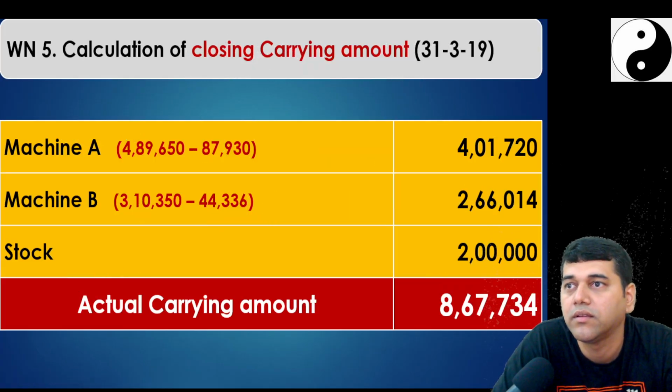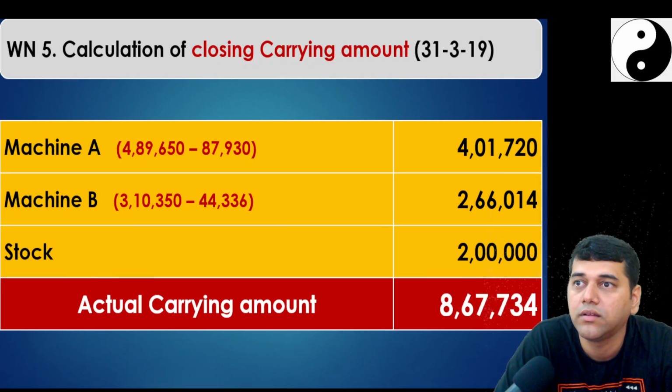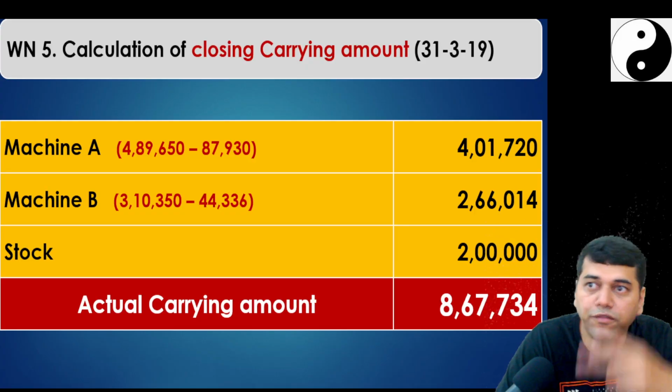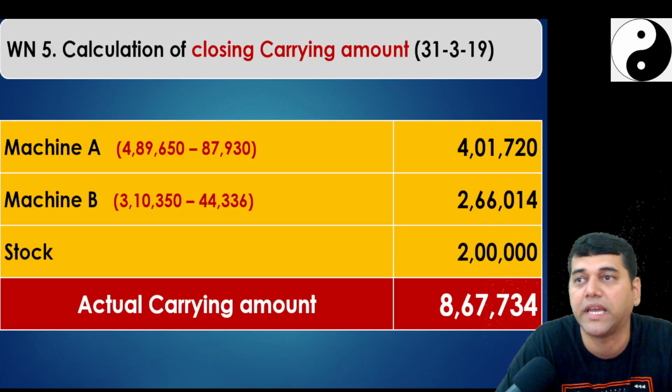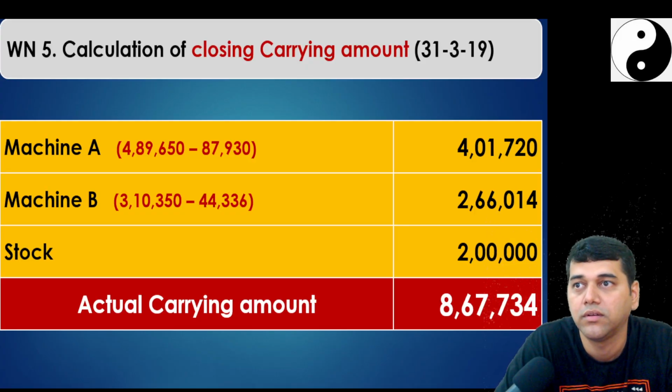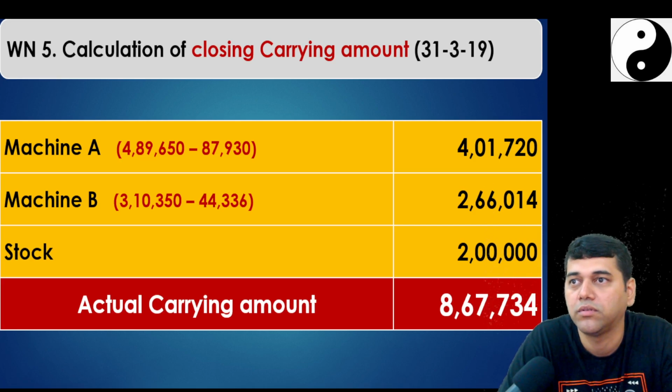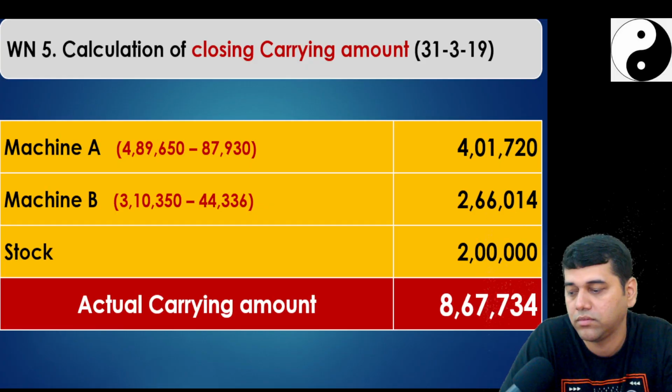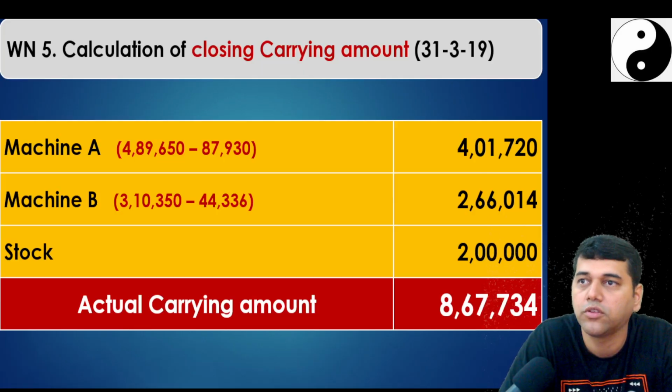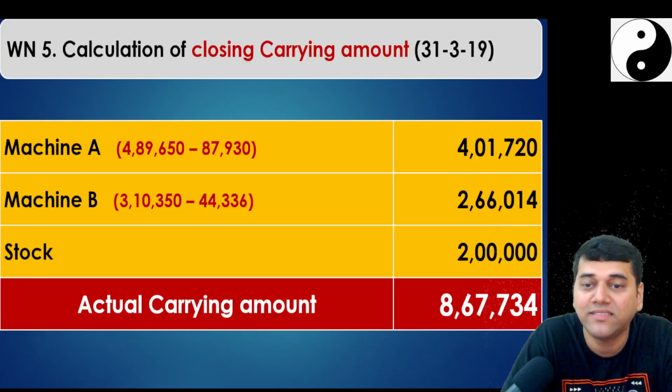Yes. Now we have to calculate. If we are looking for reversal, then we need the would-be carrying amount. This is my normal carrying amount. 11 lakhs is the recoverable amount, now we write the note.